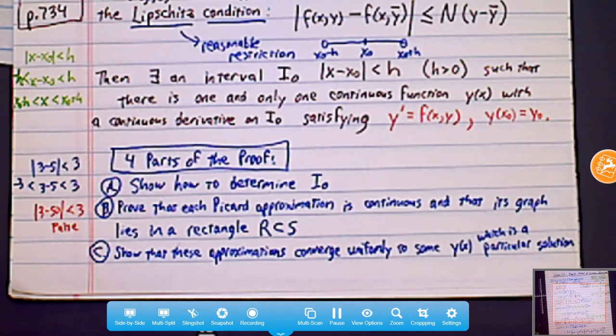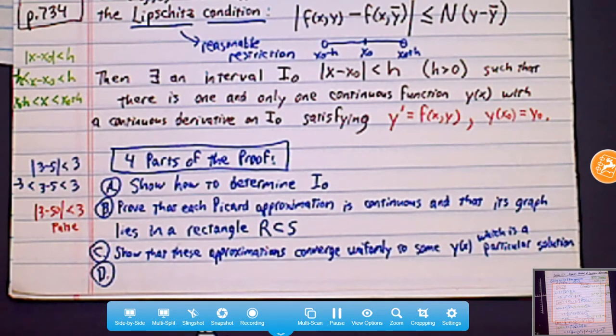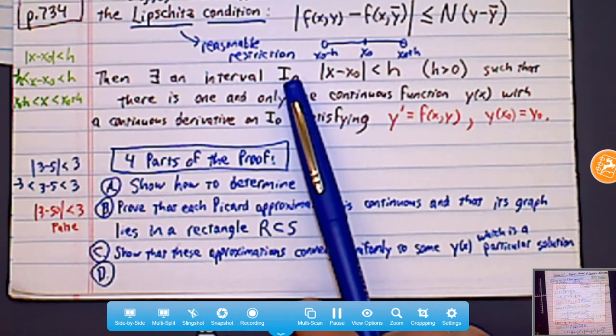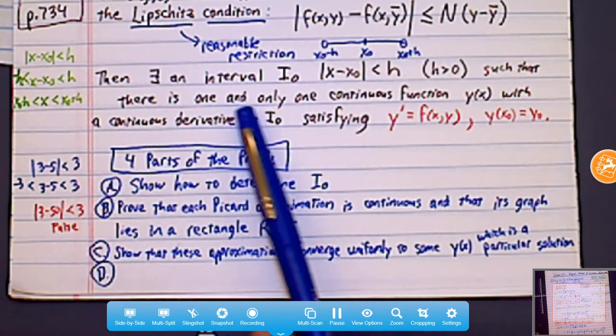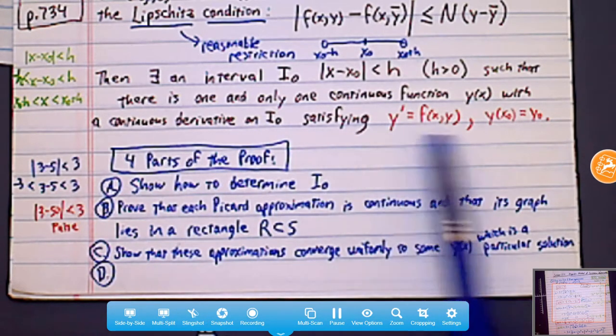So I guess the question is, why is there a part D? Well, you have to look carefully at what's being claimed. So this is the conclusion, right, guys? Have we done everything yet? Let's see. Then there exists an interval, we did that, such that there is one and only one continuous function Y of X with a continuous derivative satisfying this stuff.